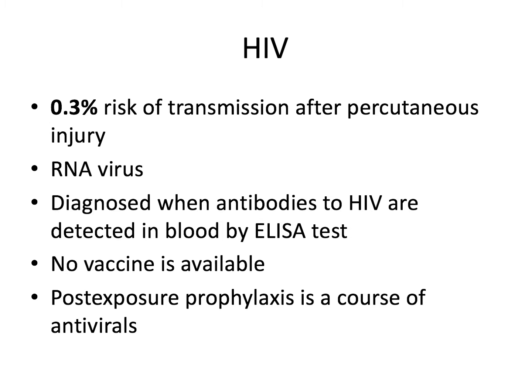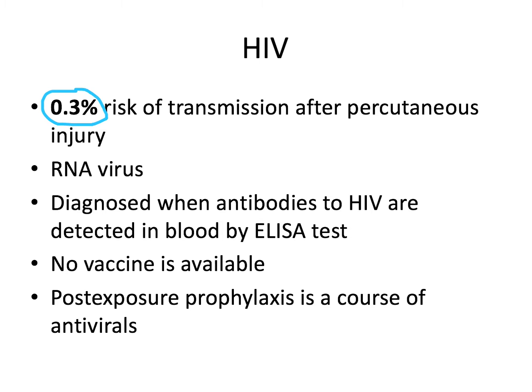All right, so next we have HIV. So we're no longer talking about the hepatitis family of viruses. Now we're talking about HIV, which is another RNA virus. This one has a very low risk of transmission, only 0.3% after percutaneous injury.